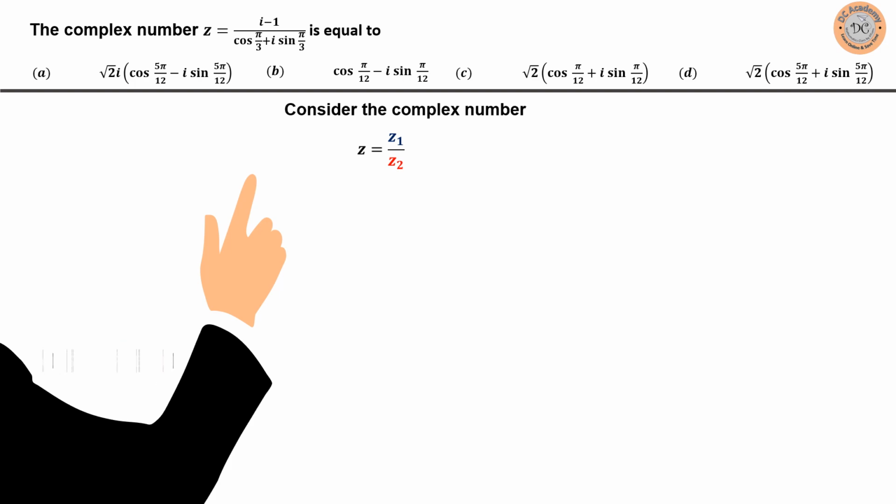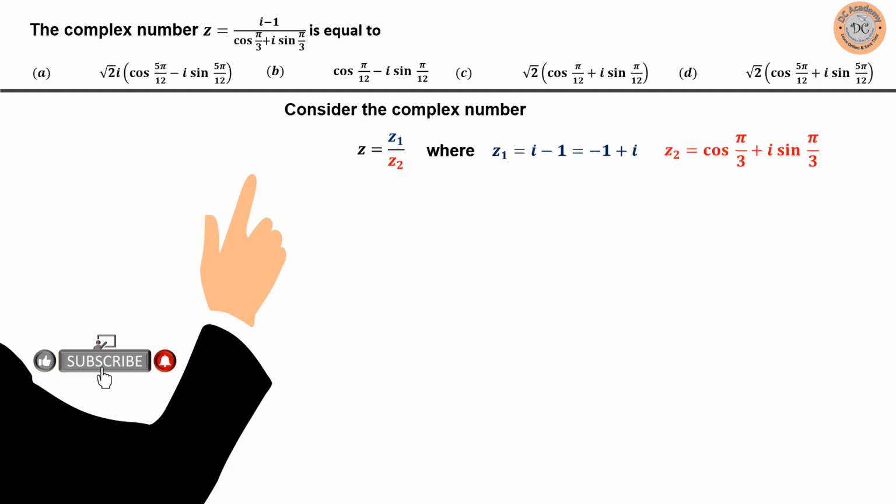So we consider it as z1 by z2, where z1 is the numerator and z2 is the denominator. The numerator i minus 1 can be written as minus 1 plus i. In all the options the angles are provided in cos theta plus i sin theta form, or polar representation. So it's better that we convert the numerator to polar form, and let's proceed.